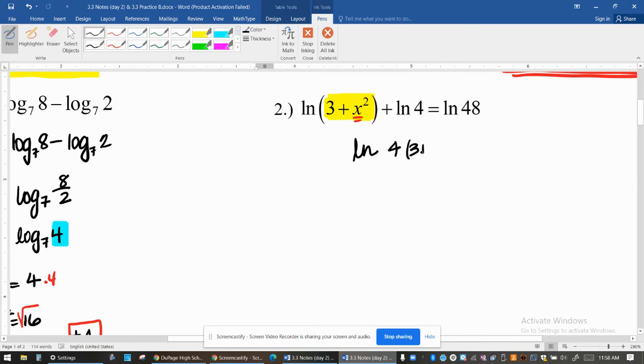But I want you guys to realize that the 4 is going to have to be multiplied to both the 3 and the plus x squared. That's a binomial, right? It's got two terms. So when you multiply with 4, you got to multiply the 4 with both of them. Okay, so I've got 12 plus 4x squared, if I simplify that, if I multiply these.